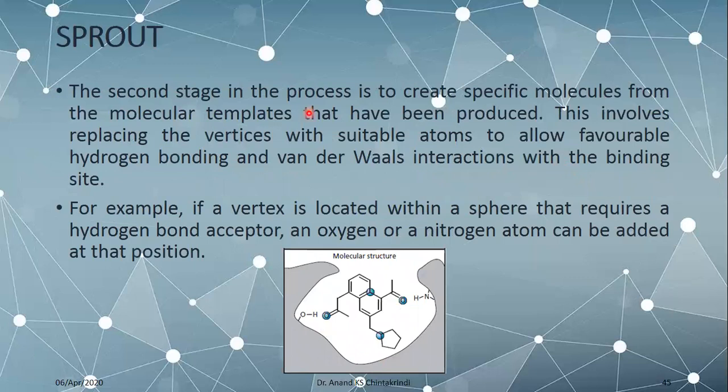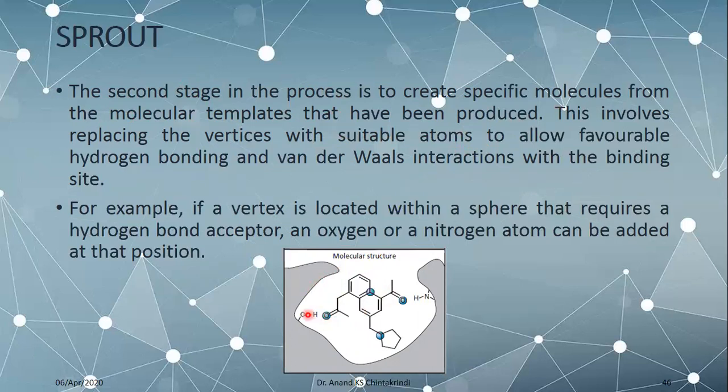The second stage is to create a specific molecule from the molecular templates. Remember, in the first step, only the vertices were placed at the center of the sphere. That is, only the hybridization type and the bond type were mentioned. Now in the second stage, you replace those vertices with suitable atoms so as to allow hydrogen bonding interactions and van der Waals interactions.